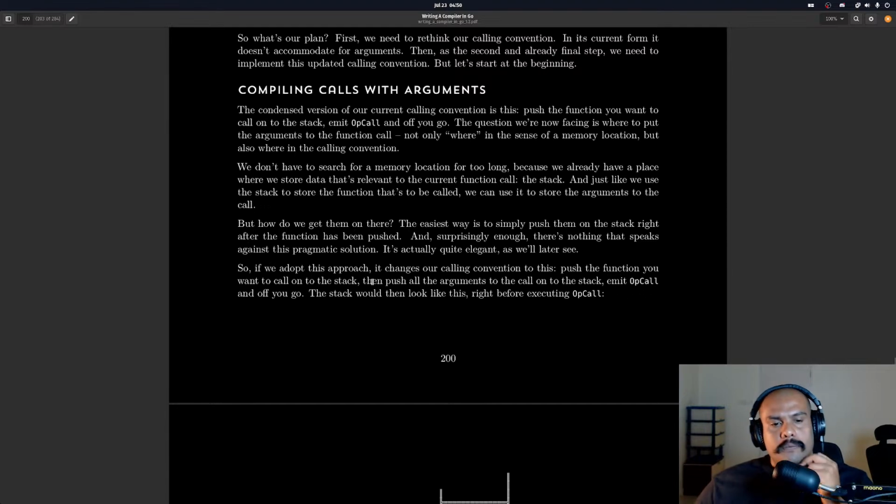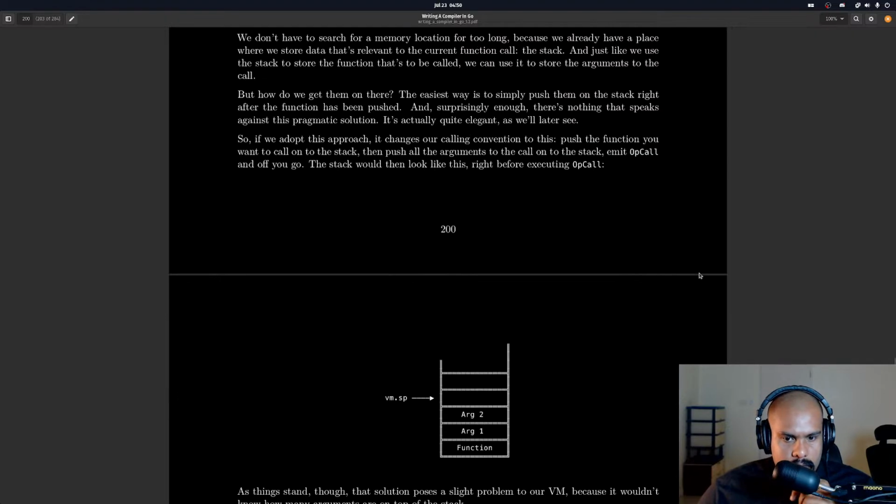So if we adopt this approach, it changes our calling convention to this. Push the function you want to call on the stack, then push all the arguments to the call onto the stack, emit opcall, and off you go. The stack would then look like this right before executing opcall.